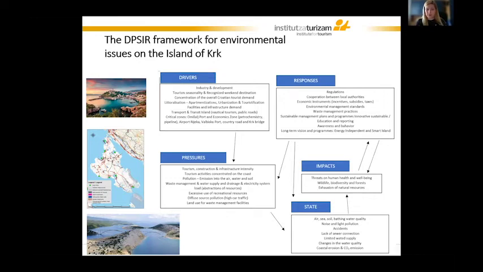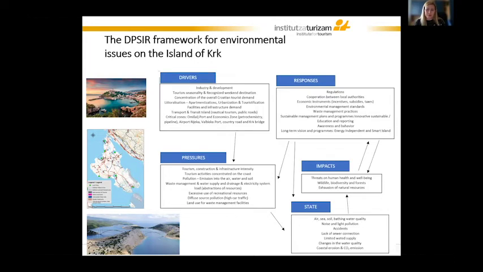Through the pressures pushed by the drivers, such as land use for waste management facilities, causing the state of noise and light pollution, air and sea bathing water quality reduction, limited water supplies, and so on. In the end, it is of course causing impacts through threats to human health and well-being, wildlife biodiversity and forests, and of course natural resources.